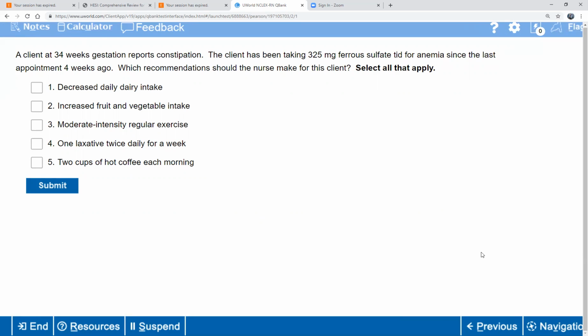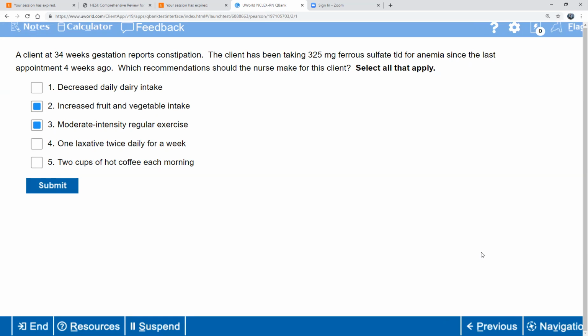Select all that apply. So what are we gonna tell her? We're gonna tell her to increase fruits and vegetables. We're gonna tell her to do moderate exercise, and that's it.